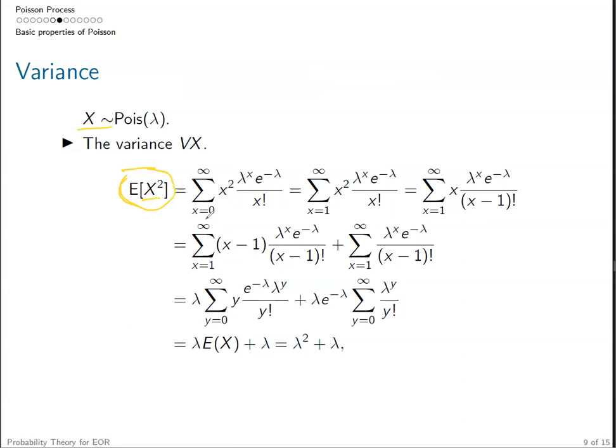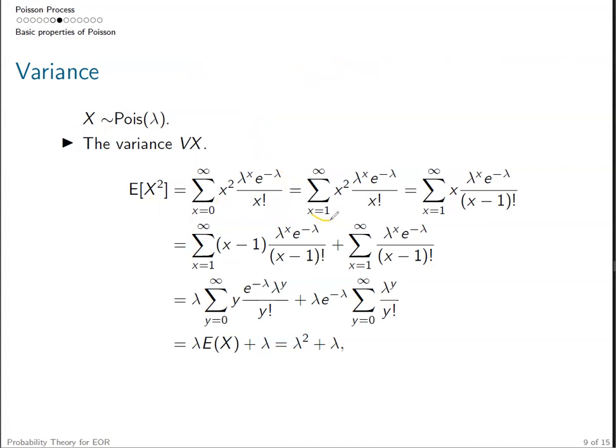So how do we calculate that? By the law of the unconscious statistician, it is equal to x to the power 2 times the probability of x equal to small x, and we're going to sum up all possible values together. This gives this formula. Next thing is, how do we simplify the summation here?